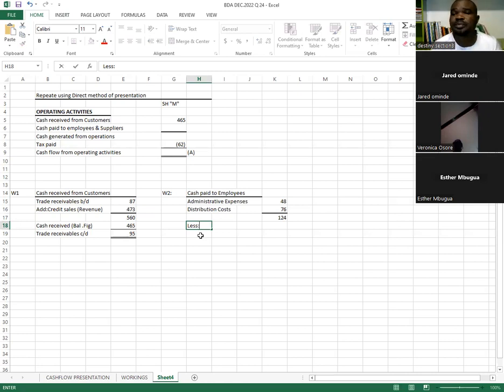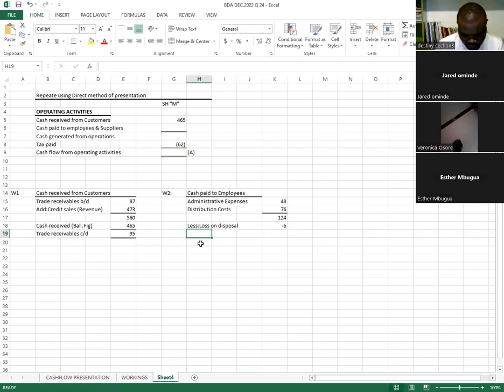There was loss on disposal of 6 million, which was charged to administrative. So that loss on disposal is not cash to employees. So you need to subtract that amount from administrative.